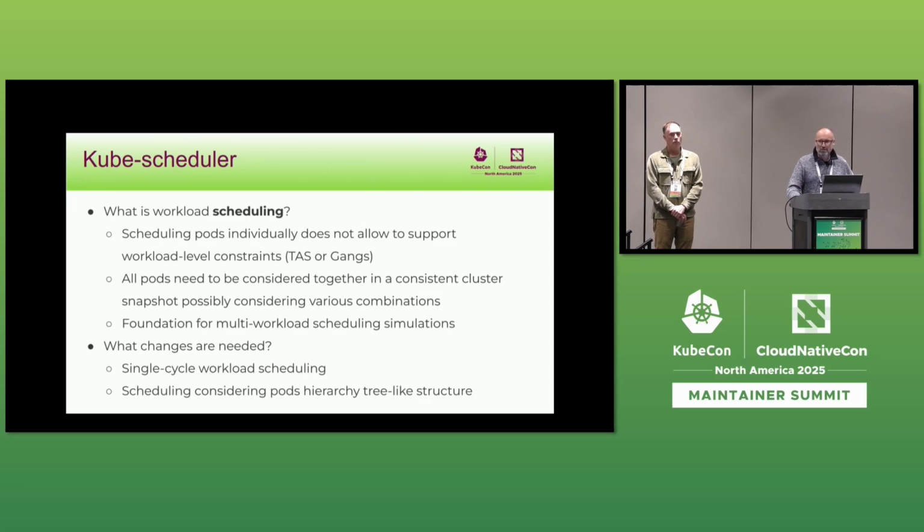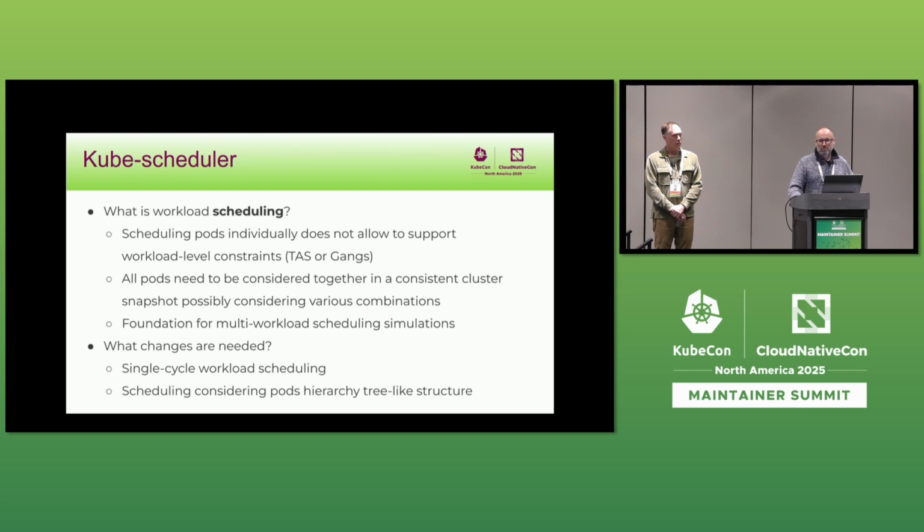But we don't want to solve the NP-complete scheduling problem. So we are thinking about how to simplify the problem, how to find an algorithm that can do workload scheduling in a reasonably short time. Because overall, if we want to have some price-performance gains, we need to consider multiple workloads in some scheduling simulations.